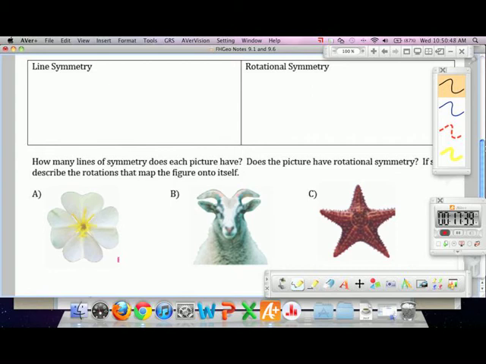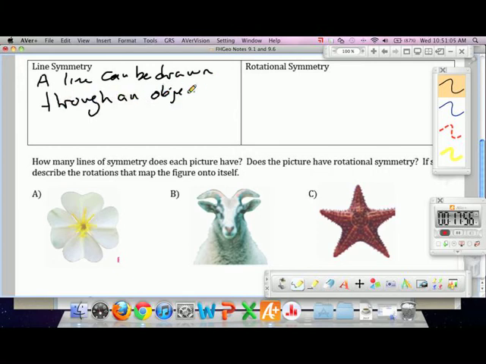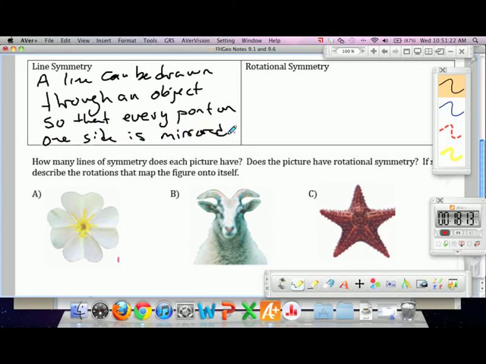Line symmetry. If an object displays line symmetry, that means a line can be drawn through an object so that every point on one side is mirrored on the other.